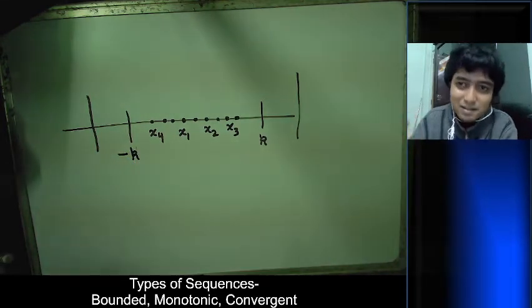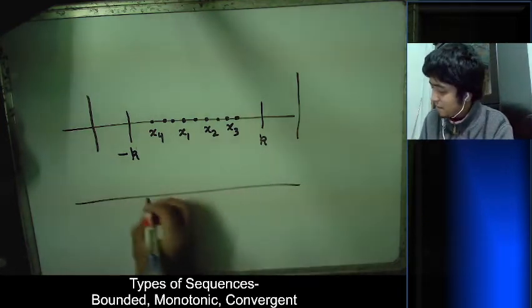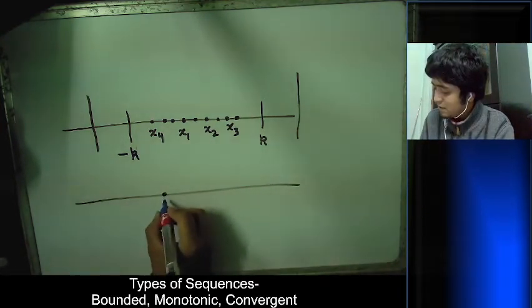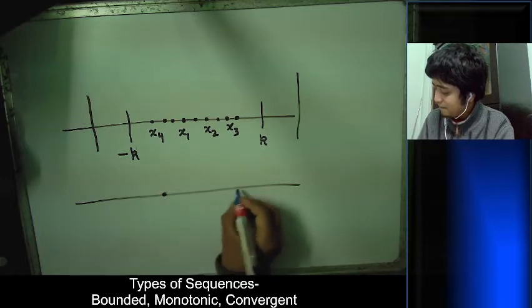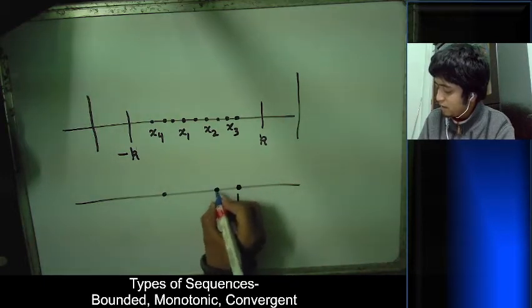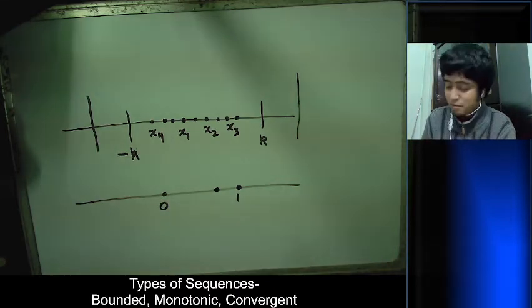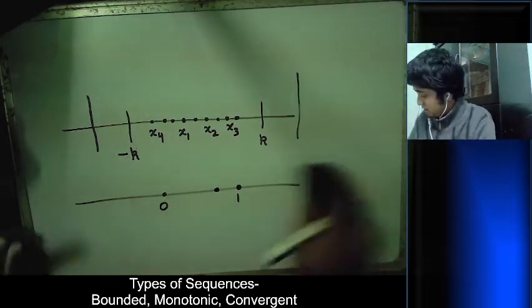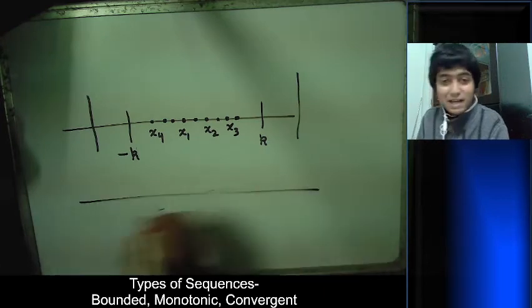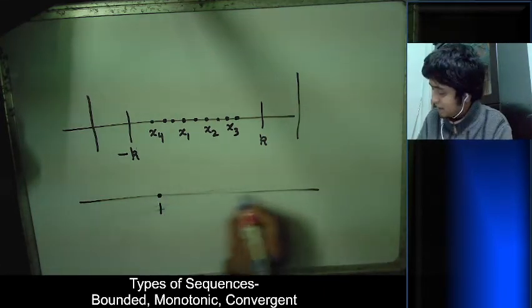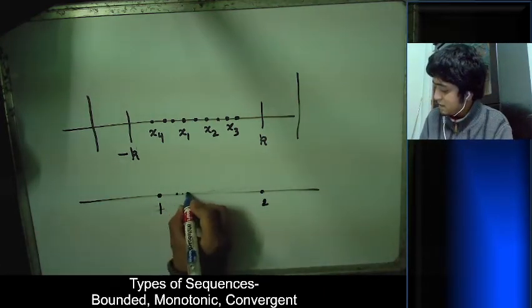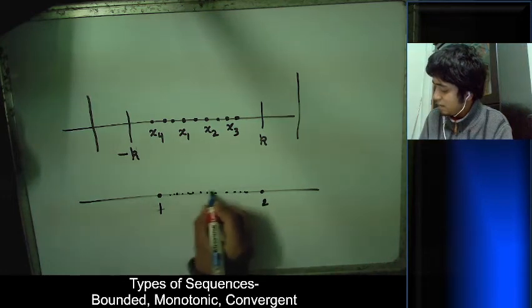To be clearer, for example, you may have a sequence like this: 1, and then 0 maybe somewhere over here. For example, you may have something that looks like this, 1 and 2, and the sequence is all over here.